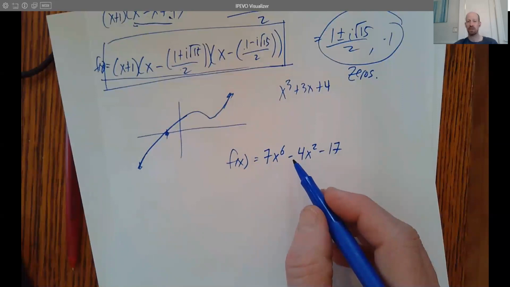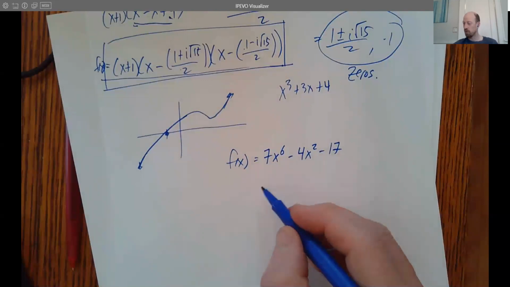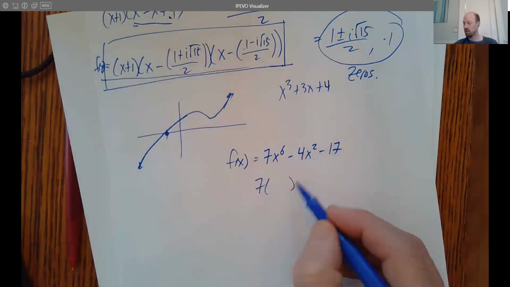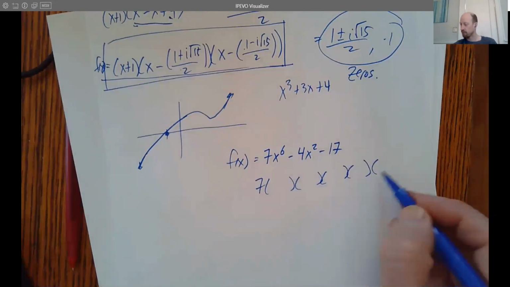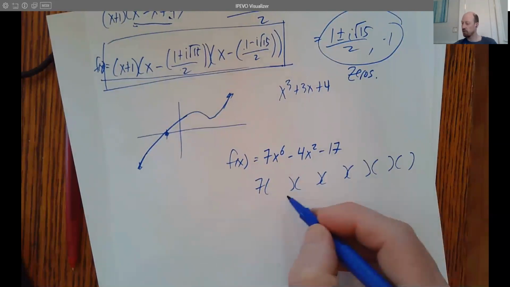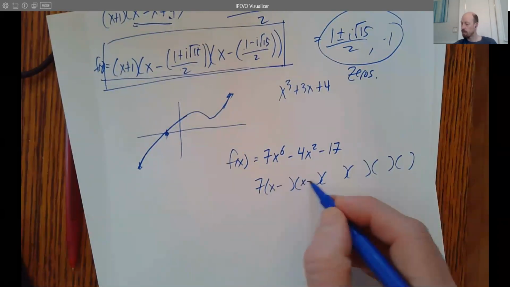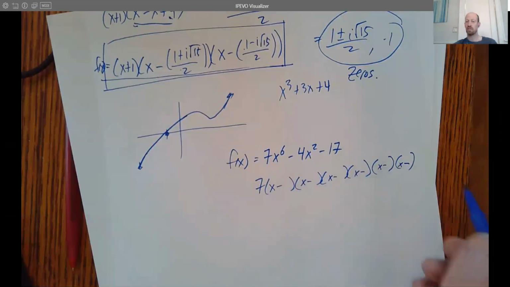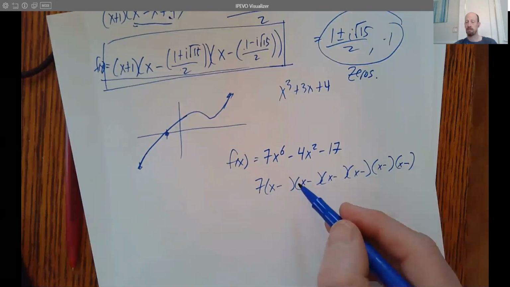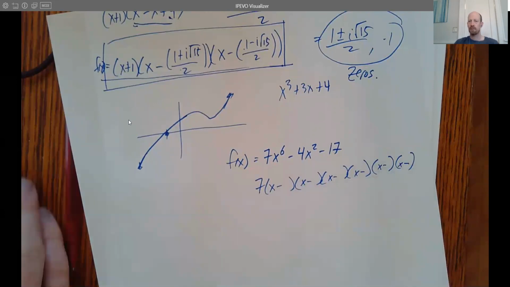Some of them might be real zeros, some might be rational, some might be imaginary, but there's 6 of them. So what that means is, I can eventually pull the 7 out, but I'm going to get 6 linear factors, one of those for each of the zeros that I find. Okay. Other questions?